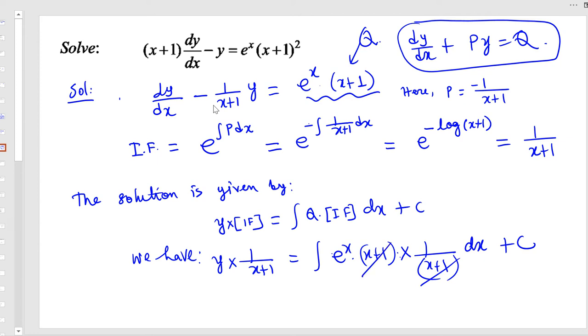So this one and this one get cancelled. So we have the integration of e to the power x dx. So this is nothing but y by x plus 1 equals e to the power x plus c. So that's our answer for this differential equation.